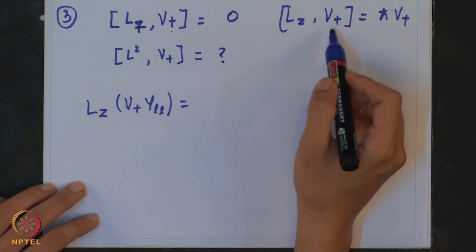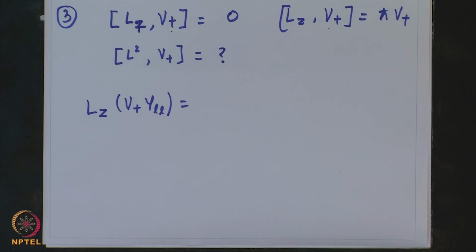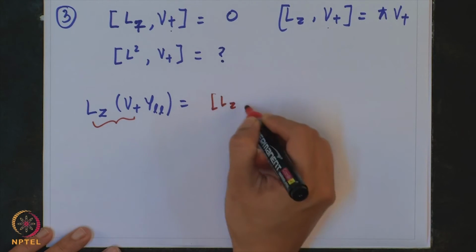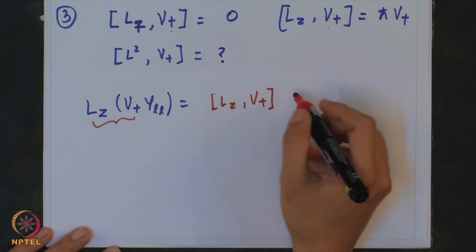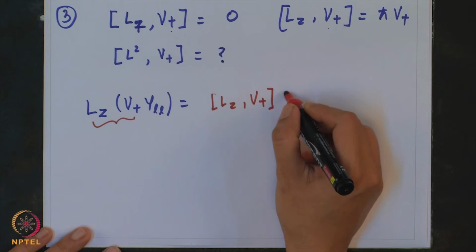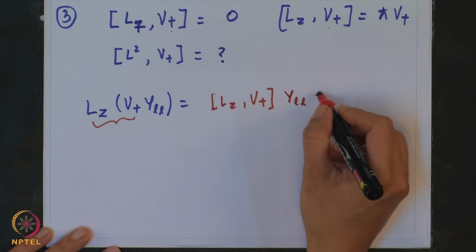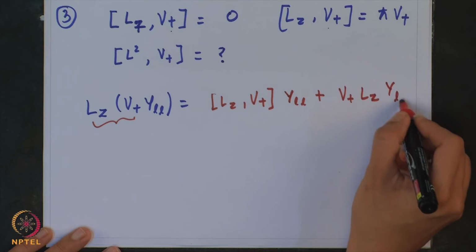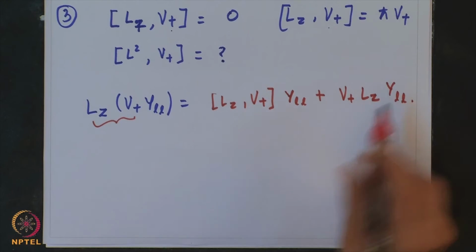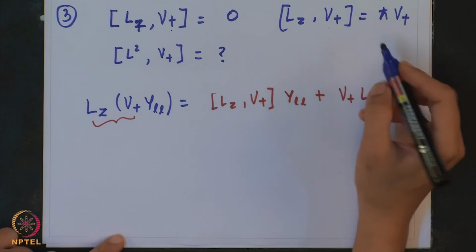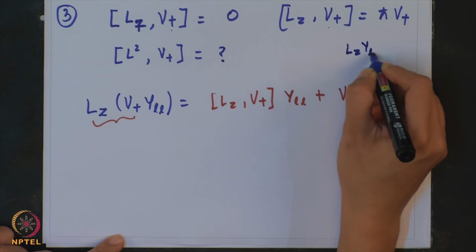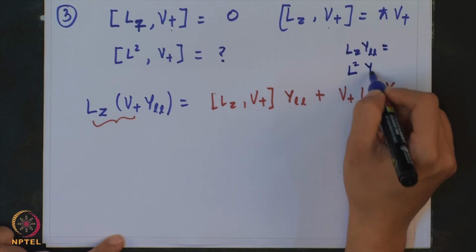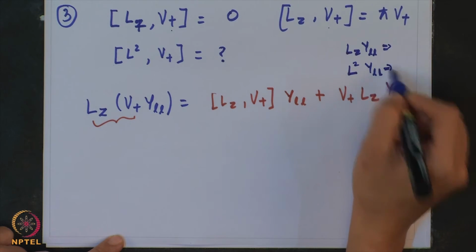Now, since you know this, the hint here would be to rewrite this as Lz V plus |Y_LL>, and we know the relation of Lz with Y_LL.